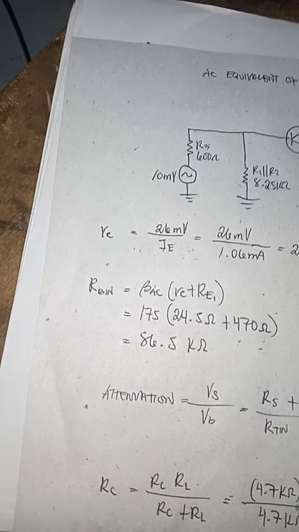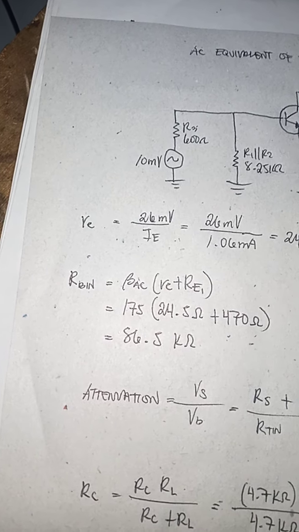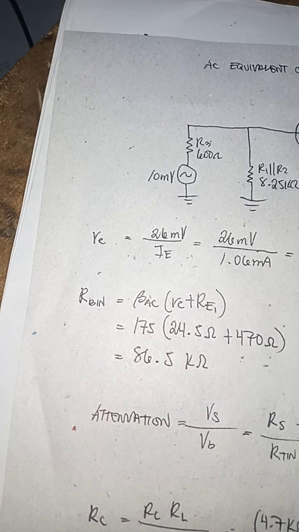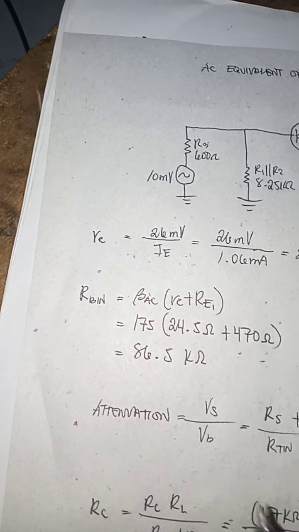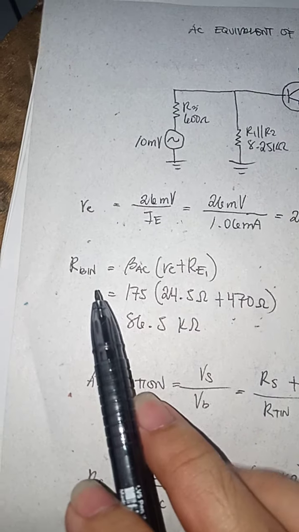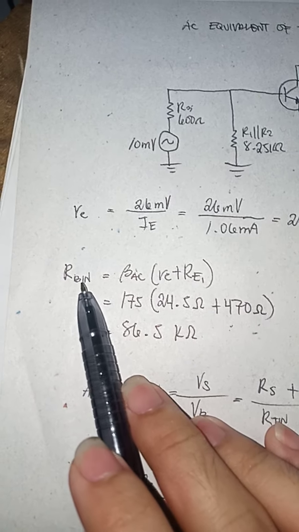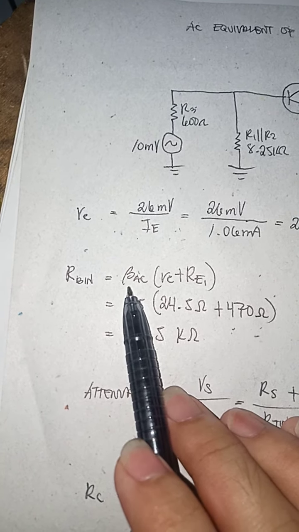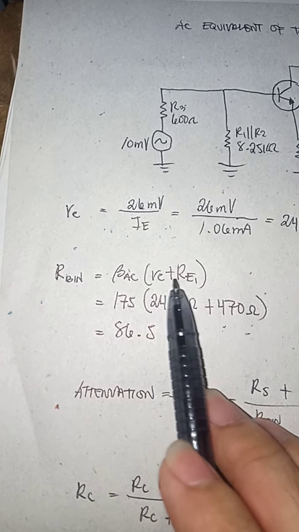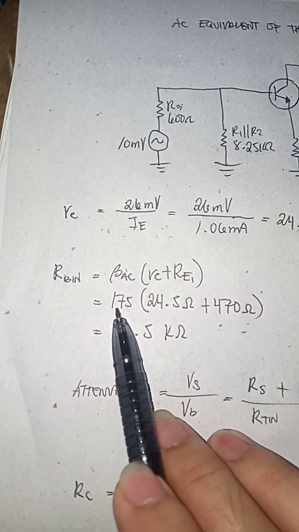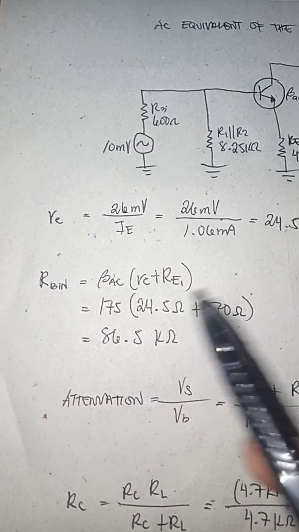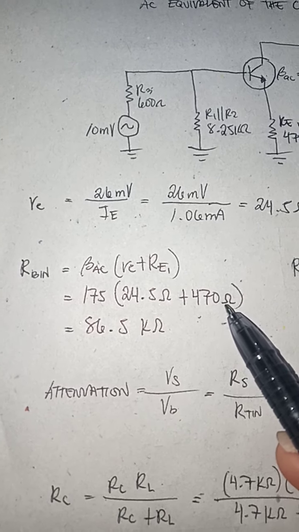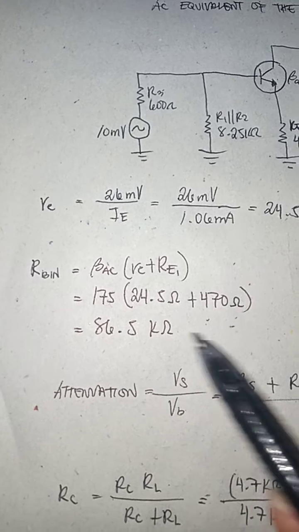To find the base input resistance, it is equal to beta times RE plus emitter resistance: 175 times 24.5 ohms plus 470 ohms, which is equal to 86.5 kilo ohms.